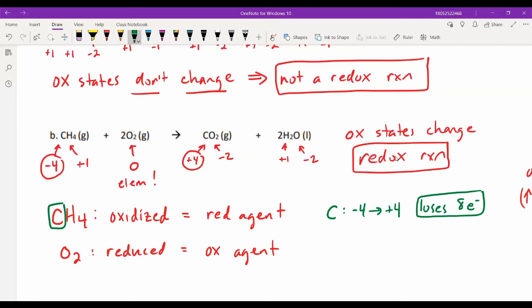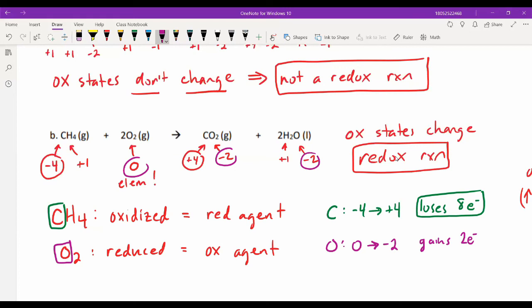The only caveat is if I look at oxygen, this oxygen here that's going from 0 to -2, we would say, oh, it's gaining 2 electrons. Hey, that doesn't match. But this is where you'd have to think about the number. That's each oxygen. How many oxygens are in the reaction? There's actually 4 of them.